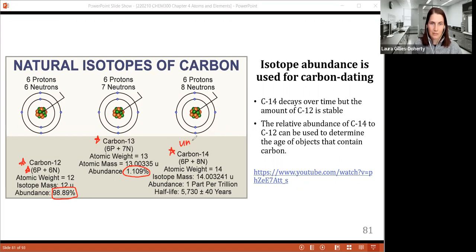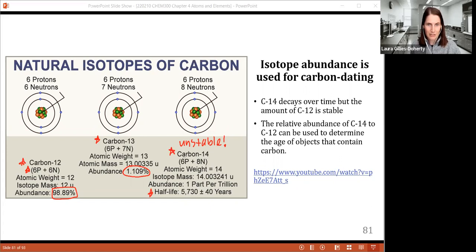And this one is unstable. There's basically too many neutrons shoved inside this carbon nucleus, so it wants to get rid of some of that mass inside the nucleus. And so every about 5,730 years, half of the carbon-14 decays or turns into nitrogen atoms.